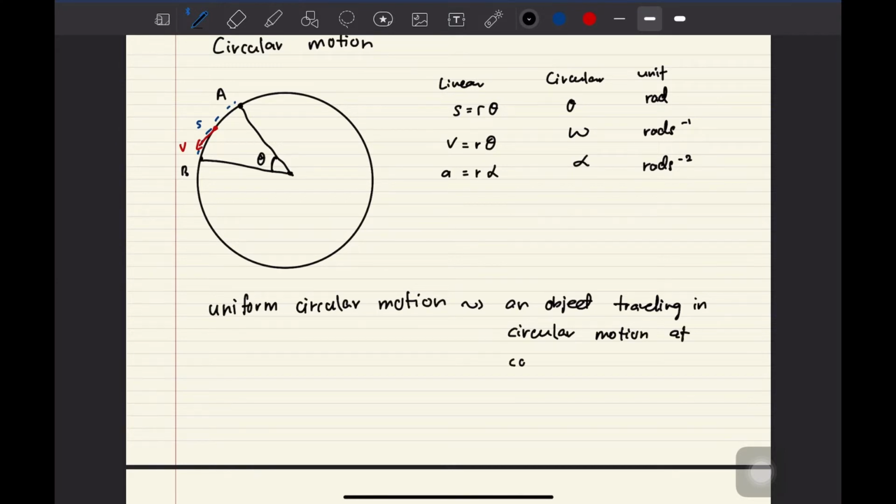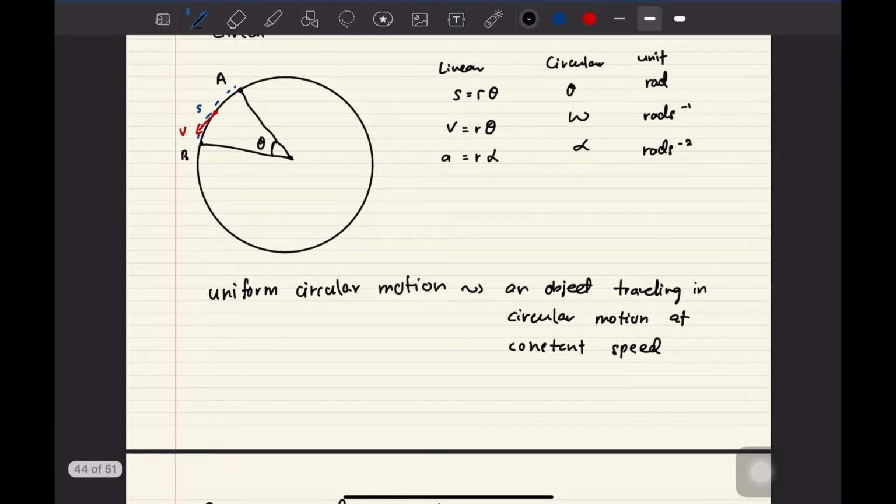So an object traveling in uniform circular motion will have a constant speed, but it will have an acceleration. This is the only case where you have constant speed with acceleration.